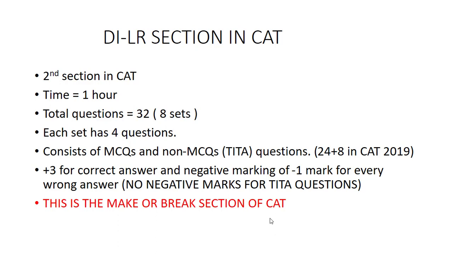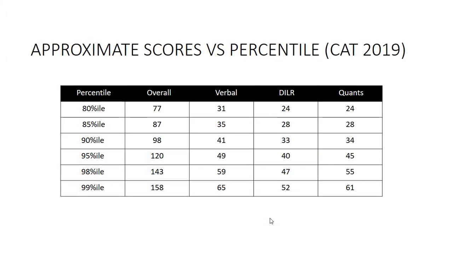Now let us see what the percentile trends for this section are. As you can see from the table, the 80 percentile overall marks are 77, out of which 24 are in DI-LR, and for the 99 percentile you need to get 52 marks in the DI-LR section. If you compare these marks with verbal and quants, for getting a 99 percentile in the DI-LR section, you have to score comparatively fewer marks than in the verbal and quant sections.